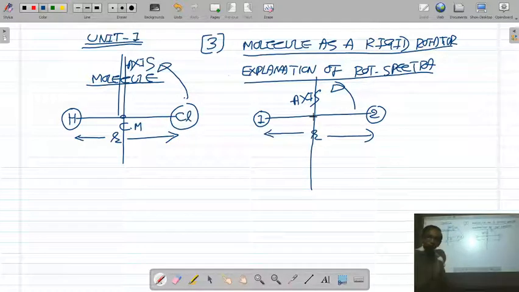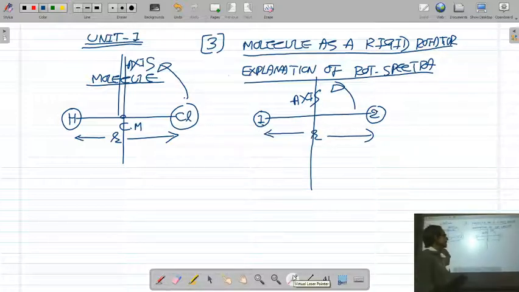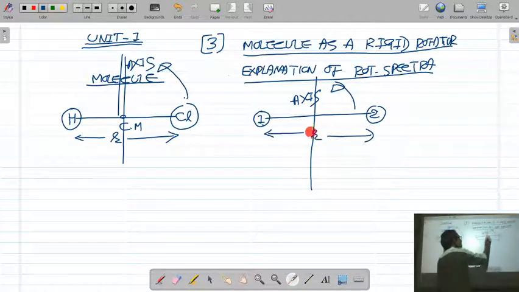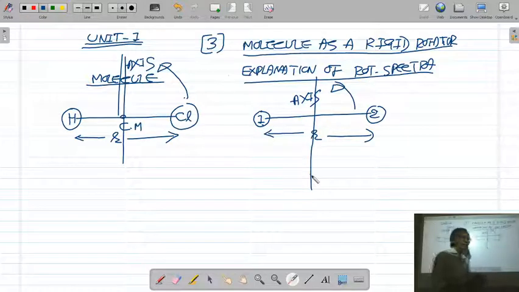Once again, a rigid rotator is a system of two particles rigidly held together and capable of rotating about an axis passing through the center of mass.